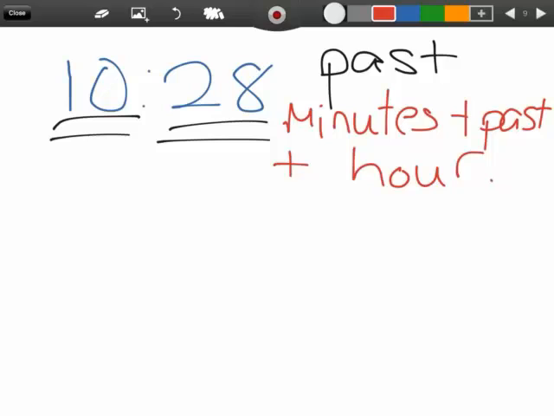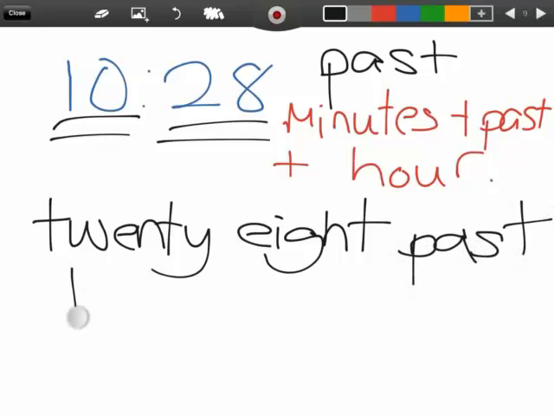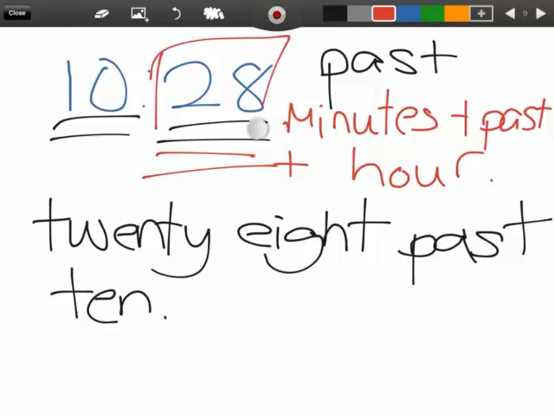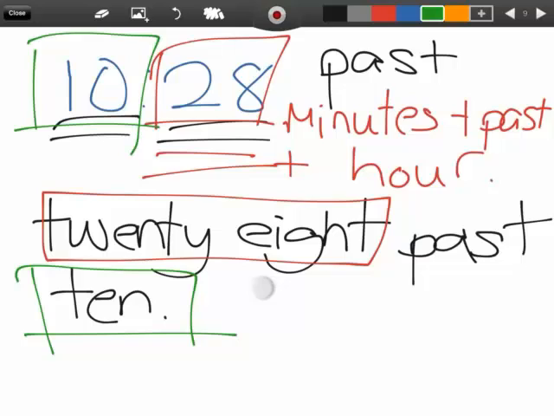Now let's write this out. We are going to say 28 past 10. So it's minutes plus past plus hour for minutes between 1 and 30.